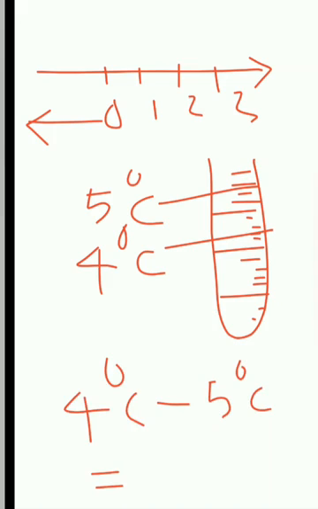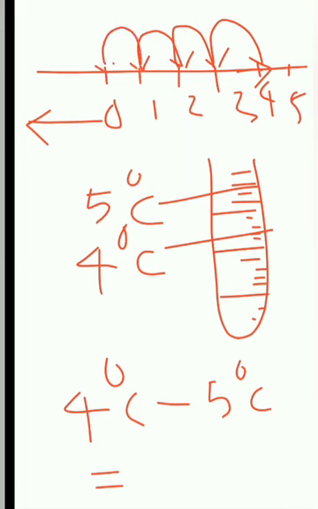And can we subtract 5 from 4? Can we subtract it? Because 4 is less than 5. That is, we need to move 5 steps backward from 4 on the number line. 1, 2, 3, 4, 5. But do we have any number on the left side of 1, on the left side of 0?